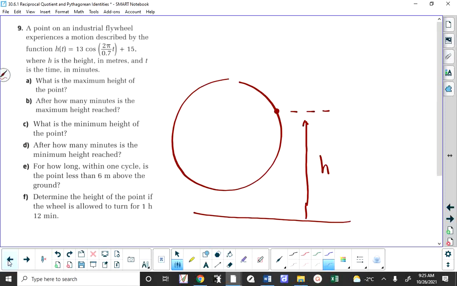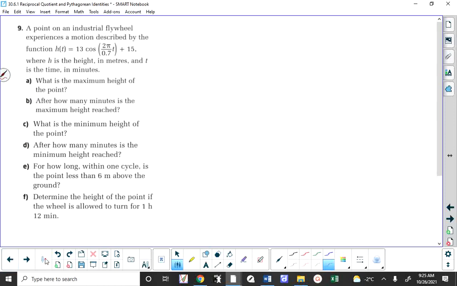We can answer A without graphing it, everybody. Because when it says what is the maximum height, you should understand that the middle of this graph is going to be 15. Because the value of the parameter d is 15.